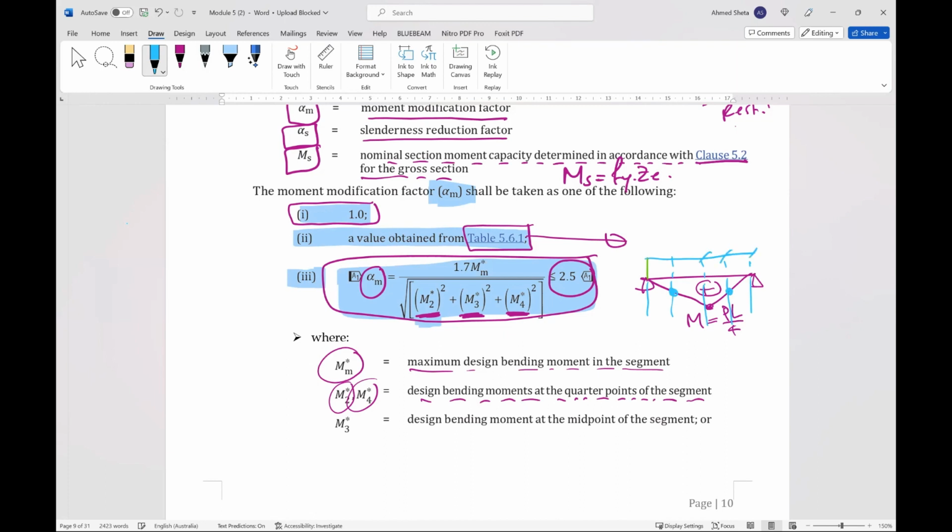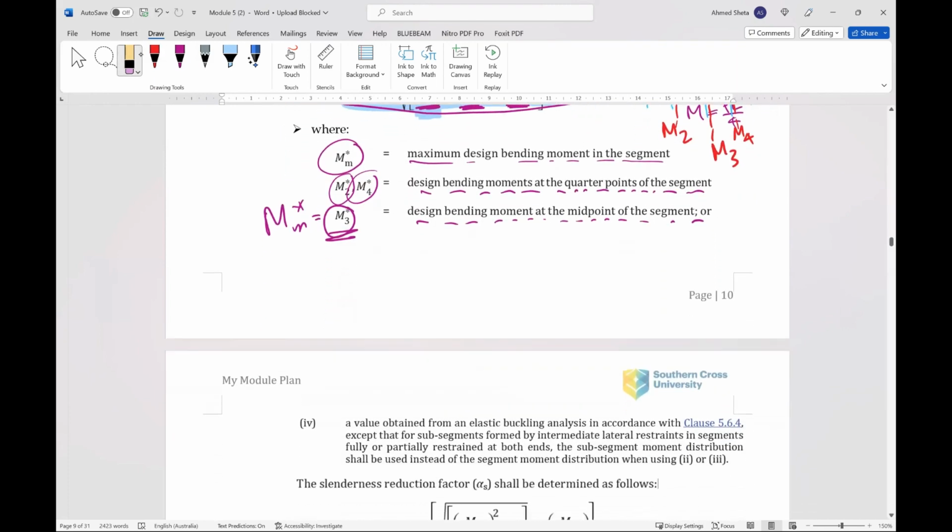So if we divide this into L over 4, L over 4, L over 4, L over 4, these are the 2 moments. And M3 is the design bending moment at the midpoint of the segment. So here M3 will be equal to M m in this case, because M3 is here. So here is M3, and here M2 and M4. This is just an example for this case.